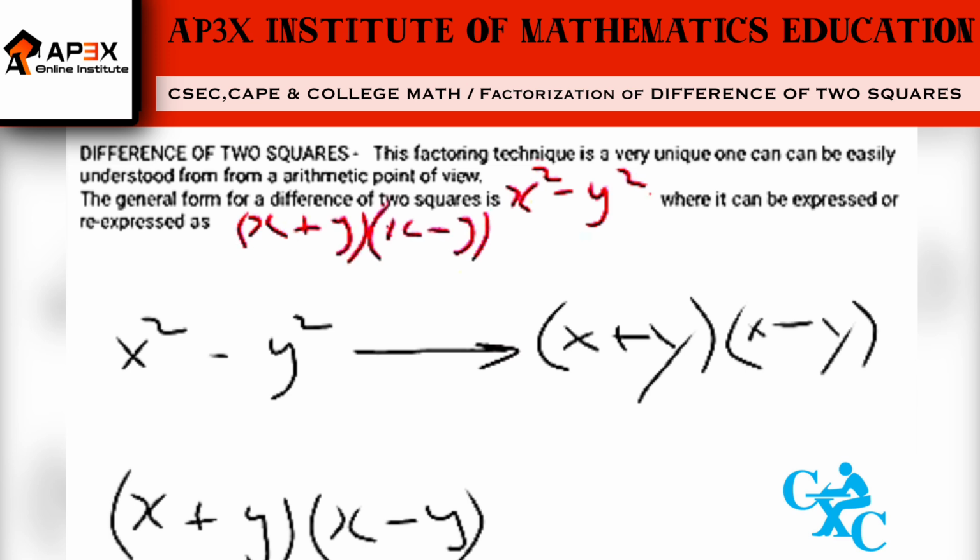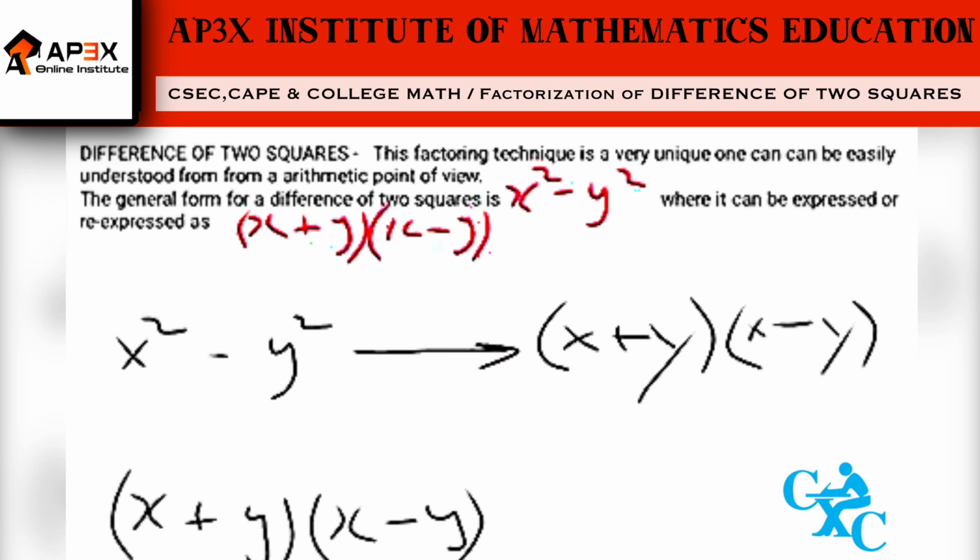So you might be questioning yourselves now, how do you get an expression like x squared minus y squared to become x plus y times x minus y? Now, I'm going to be breaking this concept down from two points of view.